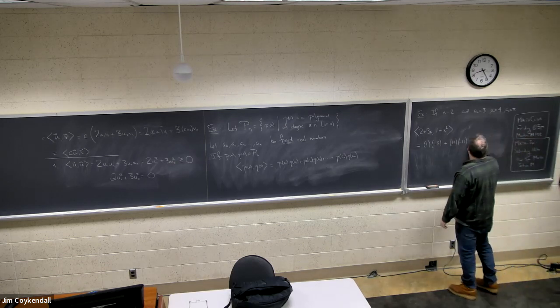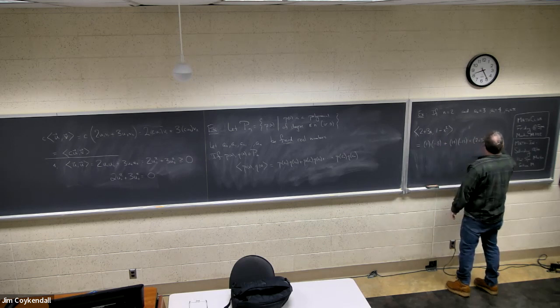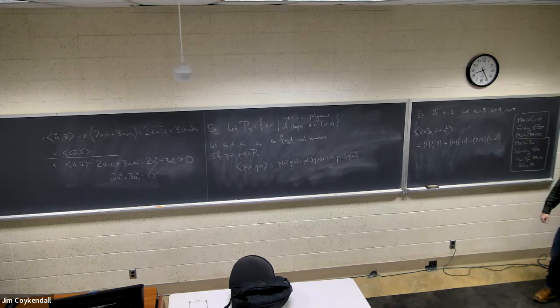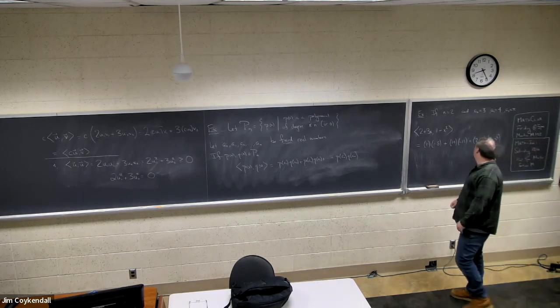And finally, I plug in pi to both of these polynomials. So this is 2 plus 3 pi, and this is 1 minus pi. And that, of course, is a real number. I guess I can multiply it out here.